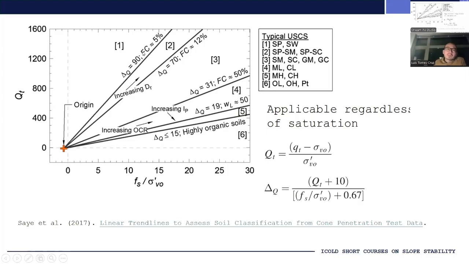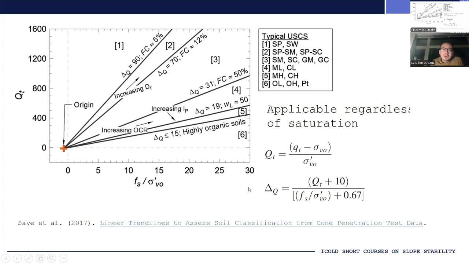And by soil behavior, that term is maybe a little bit vague because it can mean two things. It can mean, well, what type of soil is it? So is it sand-like, or is it behaving like a silt, or is it behaving like a clay? But it can also mean, is it contractive or dilatant? And I will show you some examples.